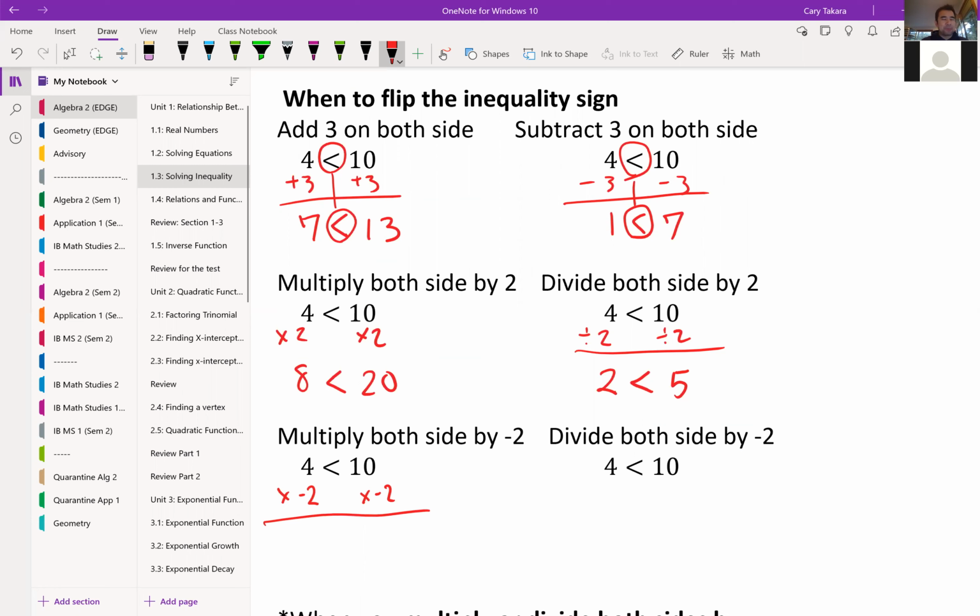Now what happens here? What's 4 times negative 2? It's negative 8. What's 10 times negative 2? That's negative 20. Now let me ask you guys, which number is bigger, negative 8 or negative 20?